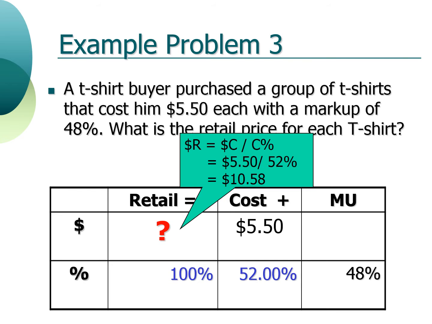And the $5.50 is 52% of the retail. So it's like $5.50 equals 52% times the retail dollar. From that you can derive the retail dollar formula: cost dollar divided by cost percent. So that's $5.50 divided by 52%, and that will be $10.58.